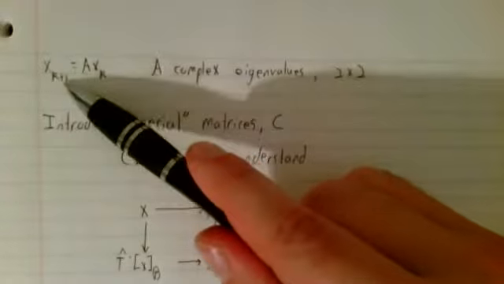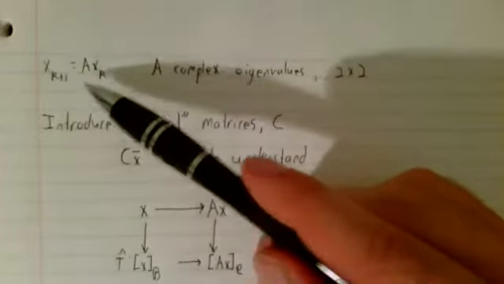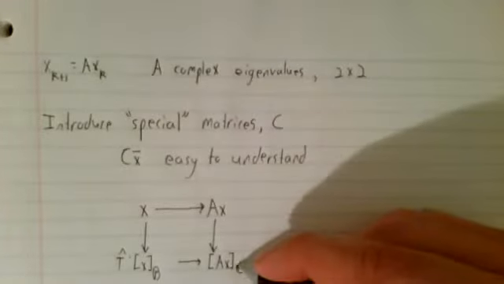And actually, such a dynamical system remains in the same space. Rn gets sent to Rn.